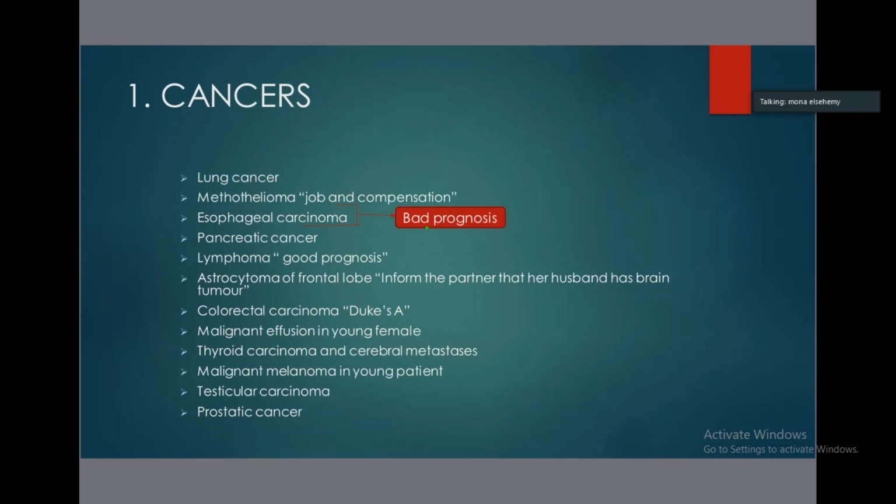Another cancer that commonly appears in the exam as well is colorectal carcinoma, Dukes A. This is a very important type of cancer. It is a curable cancer. It is an intramucosal cancer, completely cured with surgical treatment.